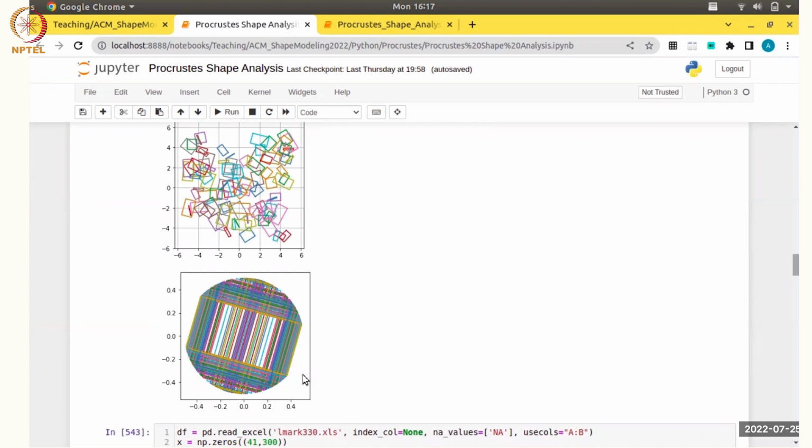Is this result interpretable? It's all rectangles aligned with the mean shape, which is also a rectangle. No, because all the rectangles are now unit size.